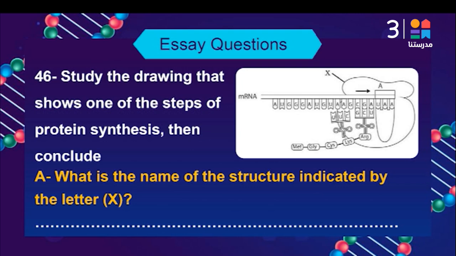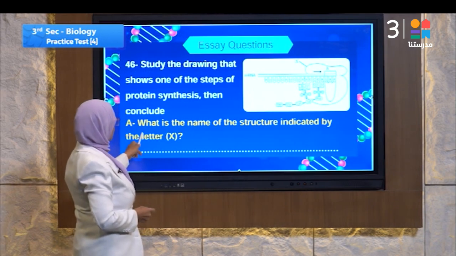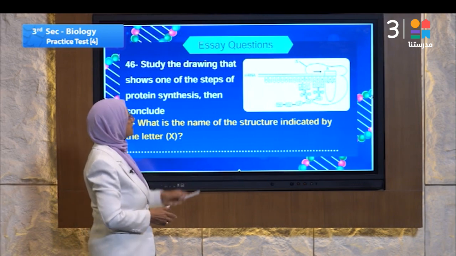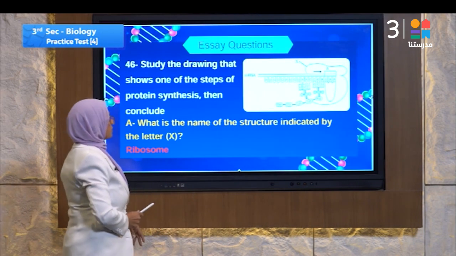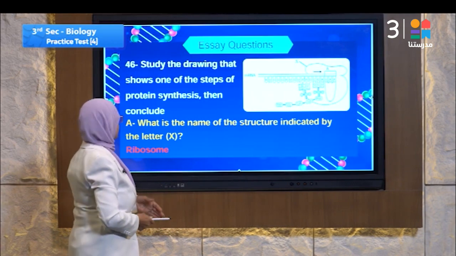Yes, here is protein synthesis, where protein is made of amino acids. Then conclude. What is the name of the structure indicated by the letter X? The name of letter X is a ribosome, attached with messenger RNA to make a protein.